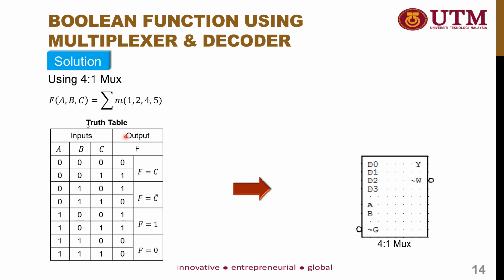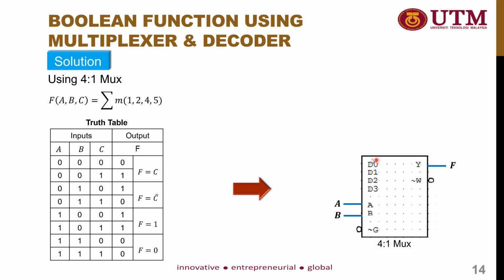So now we have 2 inputs, which are A and B. Those two inputs will be directly connected to the input A and the input B inside the selectors. And the output F is connected to the active high output.